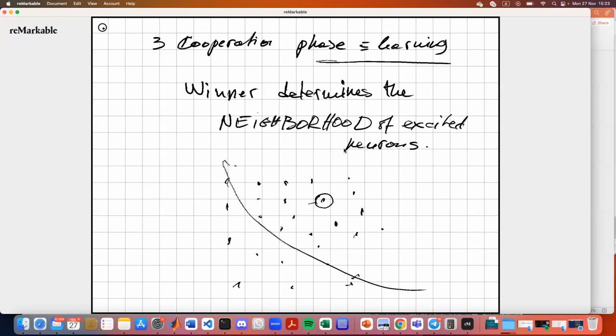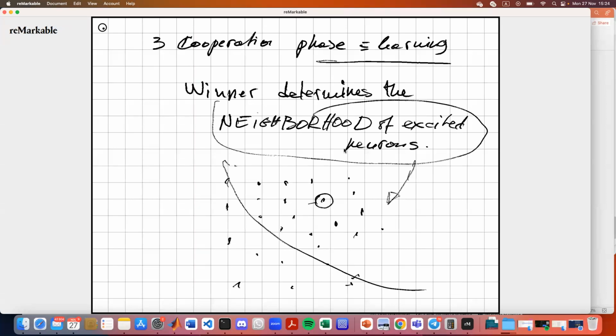Obviously, not all neurons in this neighborhood should react equally to a given input.